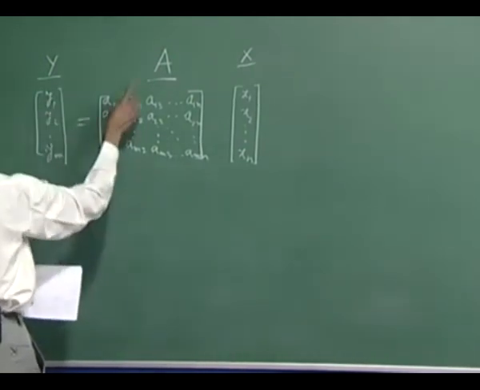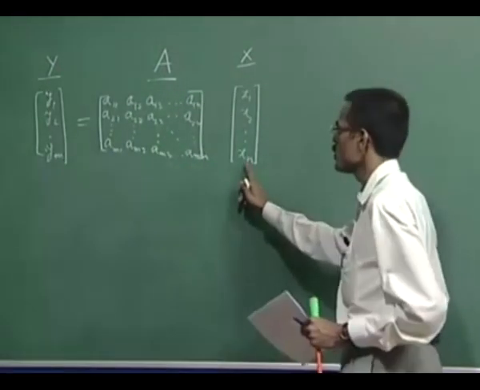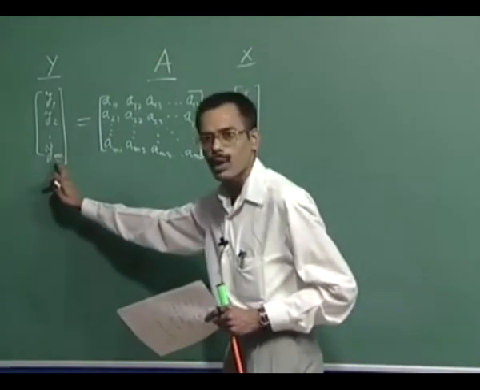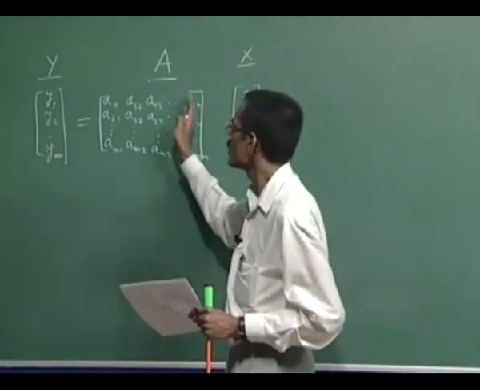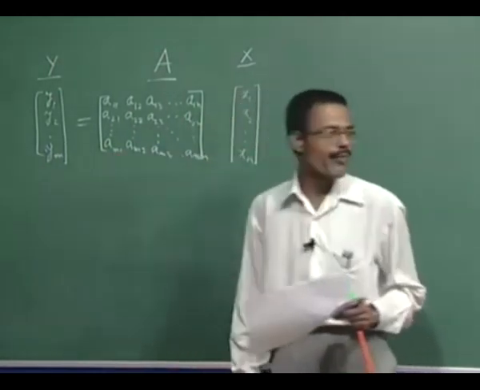So, the matrix operates on a vector of n dimension, and as a result you get another vector of m dimension. That is the primary job of this matrix of size m by n.